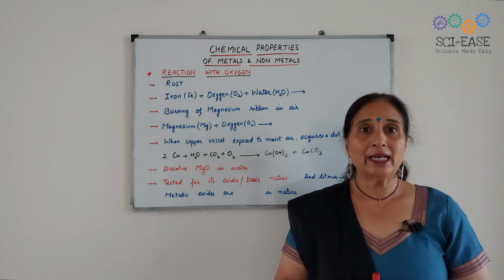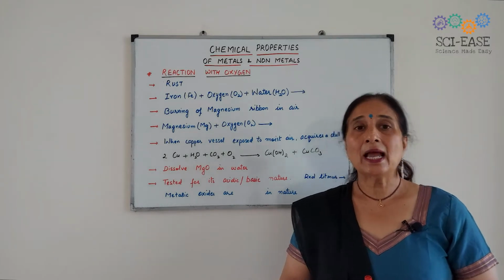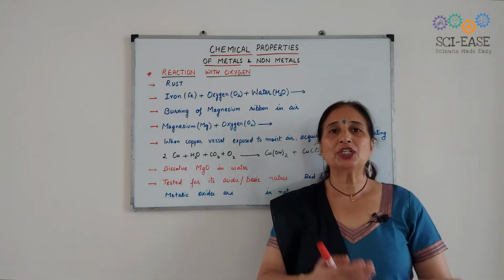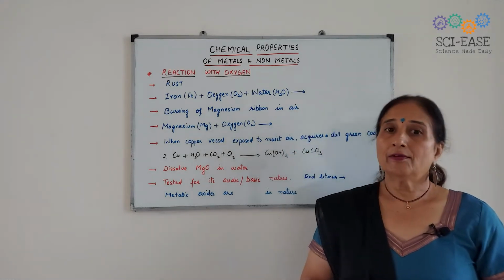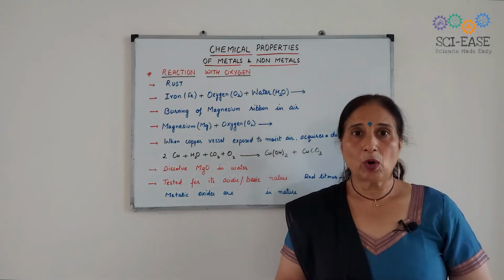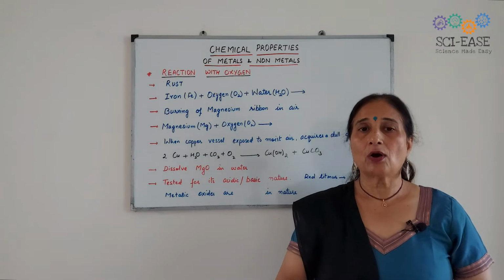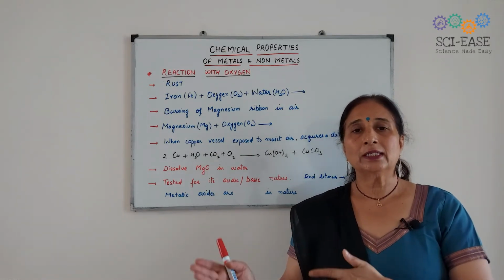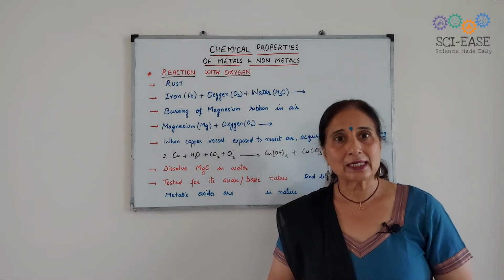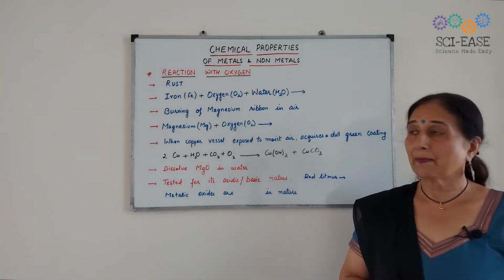That is why I am telling you the names of non-metals as well as metals like magnesium, calcium, sodium, potassium, and so on. We will study them also. The reactions of the metals with air, water, and acids we will discuss in the chemical properties.